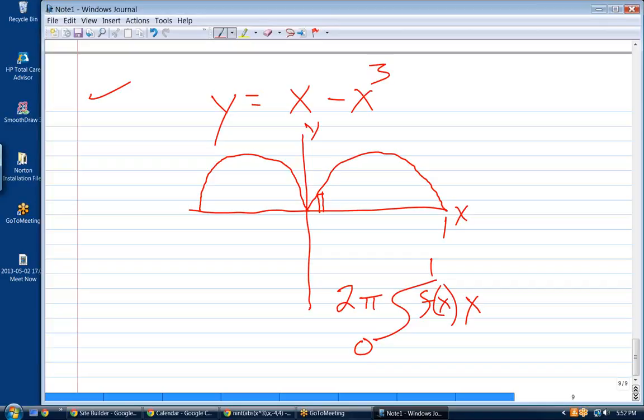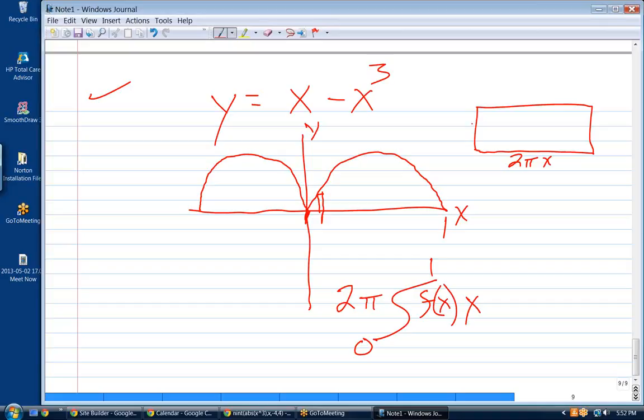The area of that dollar bill, so to speak, after it's unfolded, if you take that dollar bill that's wrapped up as a cylindrical shell and unfold it, then this is the circumference, which is 2 pi times the radius, and the radius is the distance from there to there, which is x.